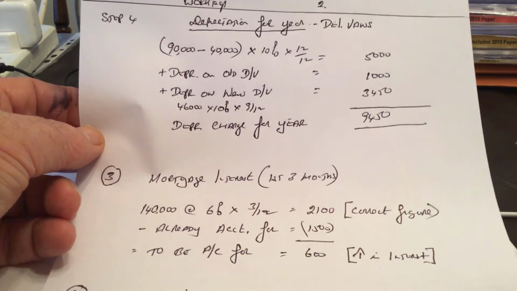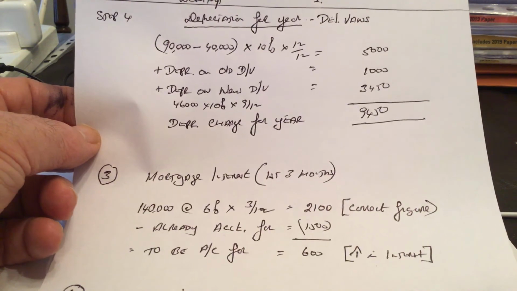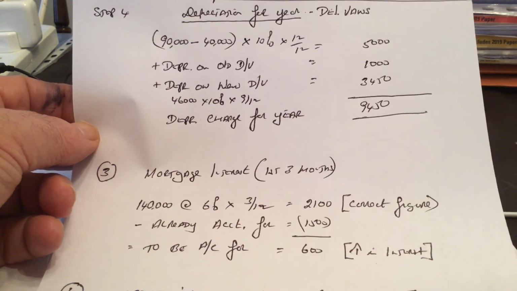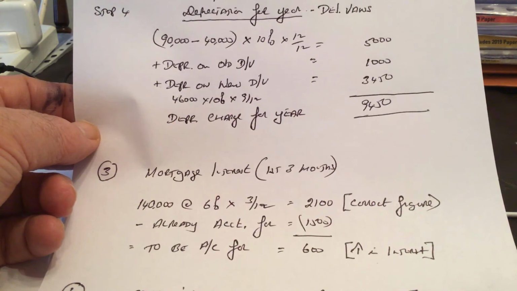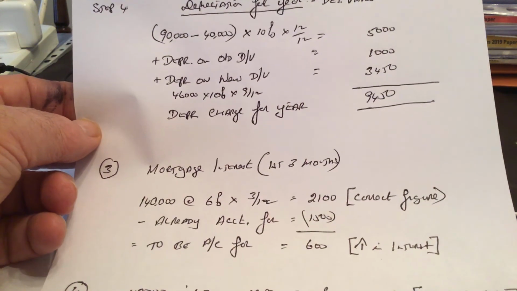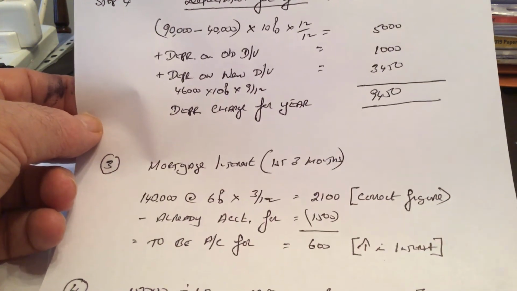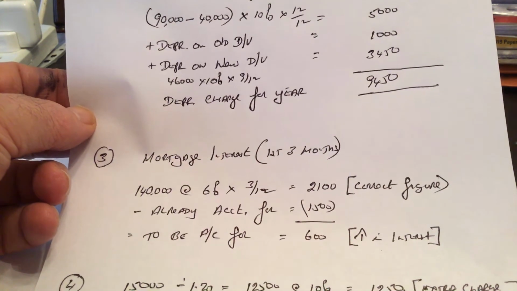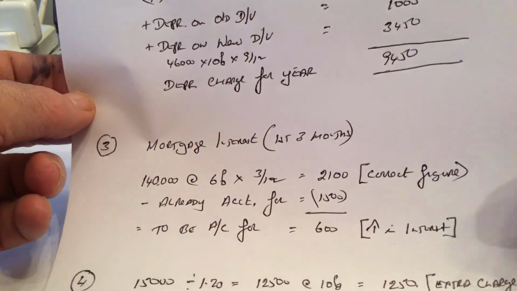Plus depreciation on the disposed van of 1,000. And plus depreciation on the new delivery van of 46,000 at 10%, and we had it for 9 months. That gave us 3,450. So the depreciation charge for the year on the delivery vans was 9,450.